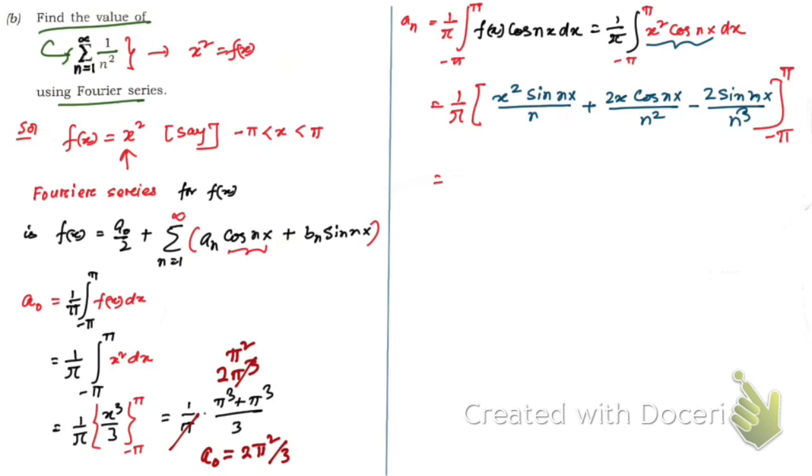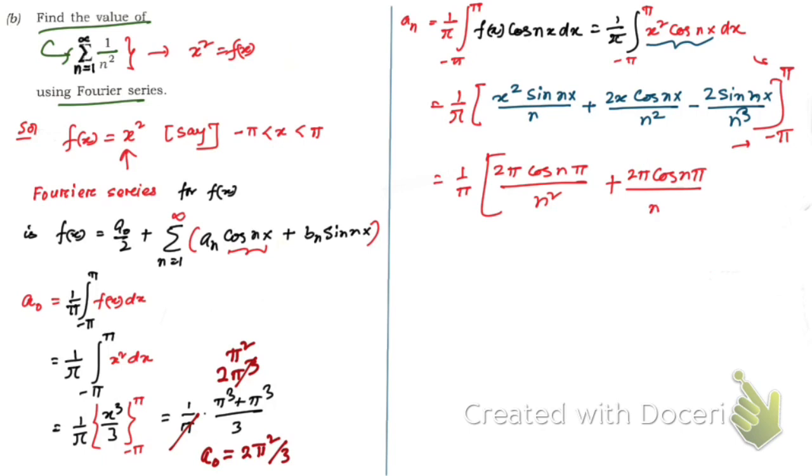So what we will get is 1 by pi, and if you put the upper and lower limits in the middle term, you will get 2 pi cos n pi by n square, then minus, if you put minus pi here, you will get this plus, and again 2 pi cos n pi, because cos of minus theta is cos theta, right?